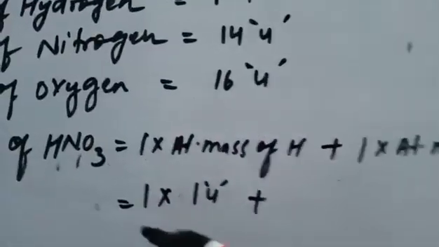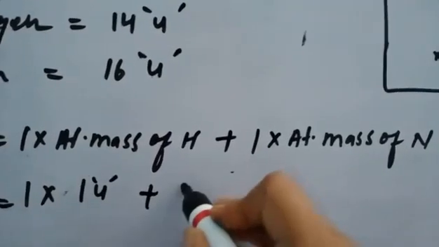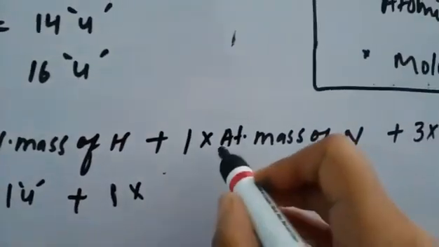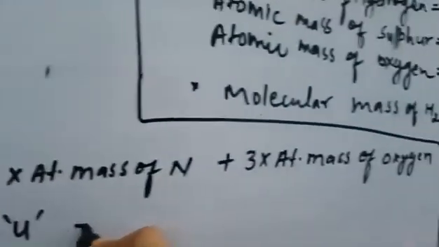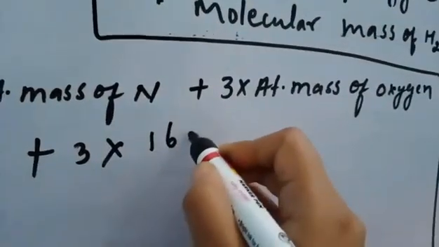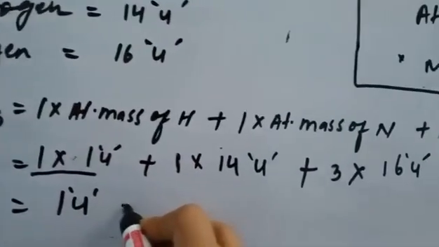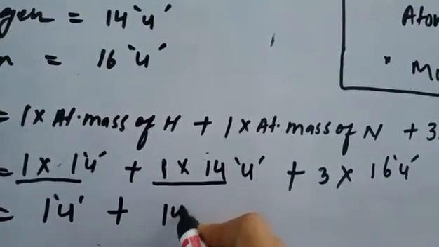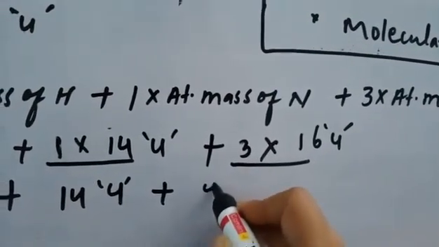So 1 into the atomic mass of hydrogen is 1 U, plus 1 into the atomic mass of nitrogen, which is 14 U, plus 3 into the atomic mass of oxygen, which is 16 U. How much will we get? 1 into 1 U is 1 U, plus 1 into 14 is 14 U, plus 3 into 16 is how much? 48 U.